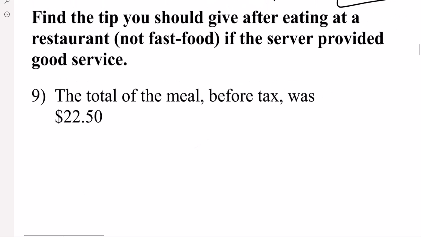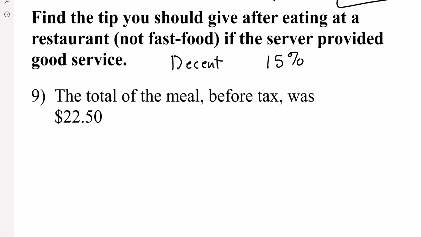Okay, so you're just at a regular restaurant and you've had decent service. I think it would be fair to tip 15% and then convert that to a decimal. And it says that the meal that you ate, so you got a beverage, and maybe a salad or something, totaled $22.50.